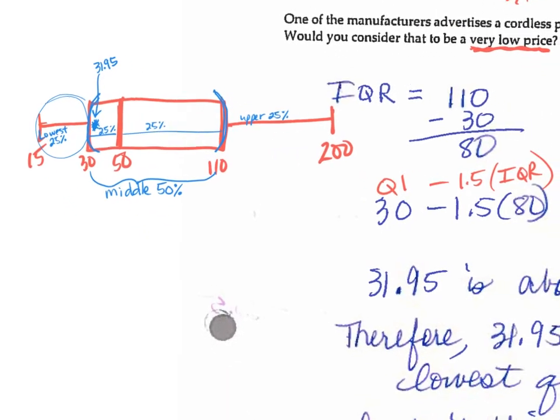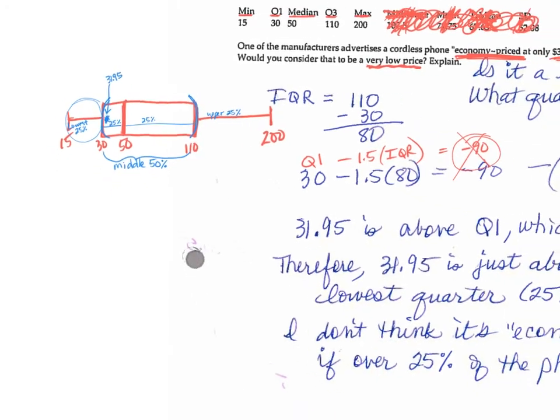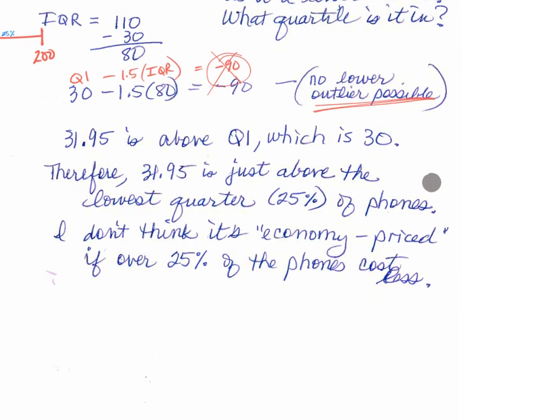So in my mind, in my opinion, I don't think that's considered low. So that's what I wrote here. 31 is above Q1. So it's not even in the lowest quartile. It's above the lowest quartile. I don't think economy priced is going to be considered economy priced.